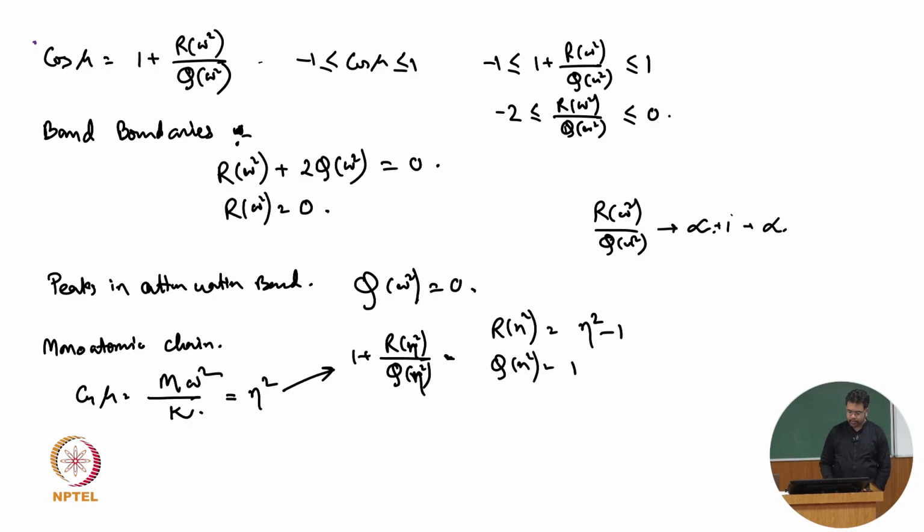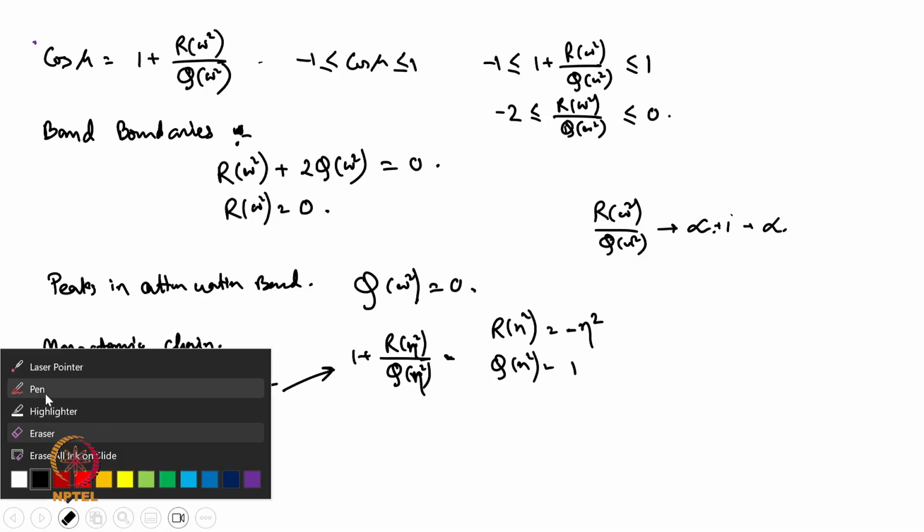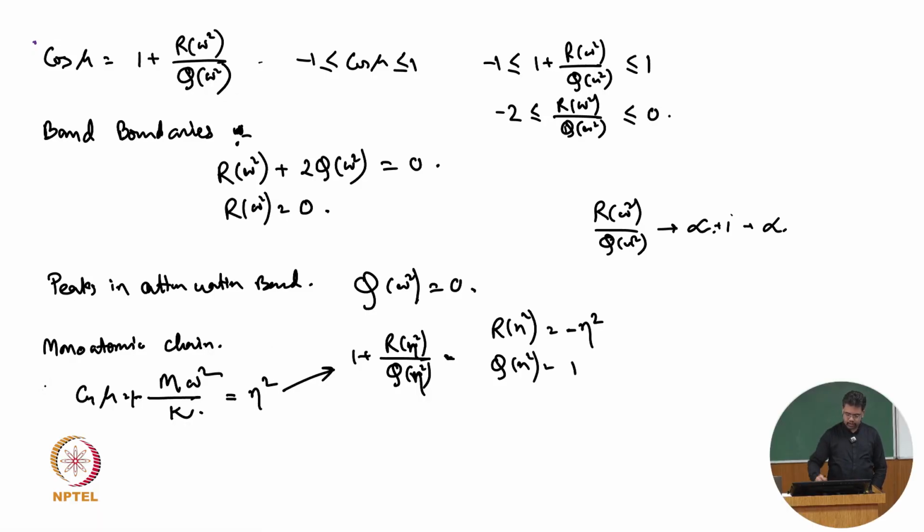So what are the band boundaries? Sorry, this one is wrong. So 1 minus this one, so eta square will be minus this. So this will be 1 minus eta square. If I write the 1 minus eta square into this, I can write it in this form.